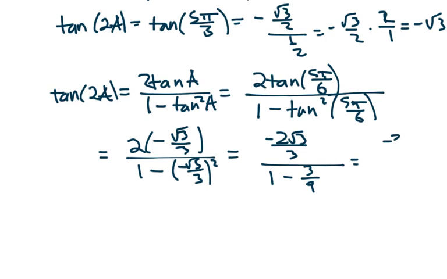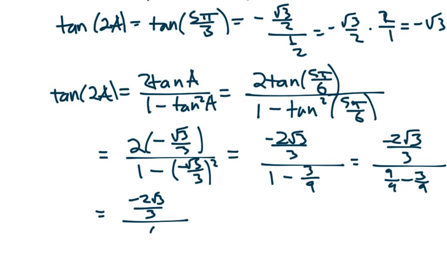Yuck. Negative 2 radical 3 over 3 equals, over 9/9 minus 3/9 equals, you ready for this? Negative 2 radical 3 over 3 over 6 over 9. And you're going to ask yourself at some point, couldn't I have reduced this a lot sooner?